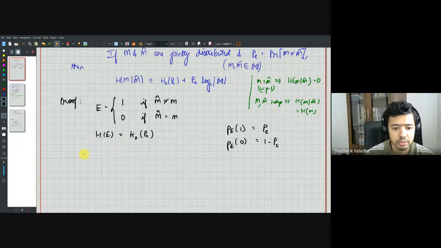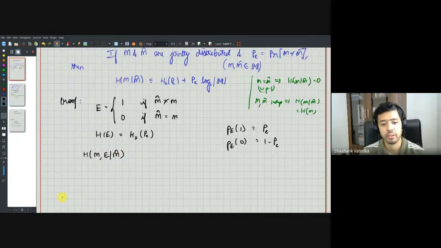All right. Now we want this particular quantity over here. So let's start by looking at h of M E given M hat. We'll start with this quantity and try to expand it using the chain rule.